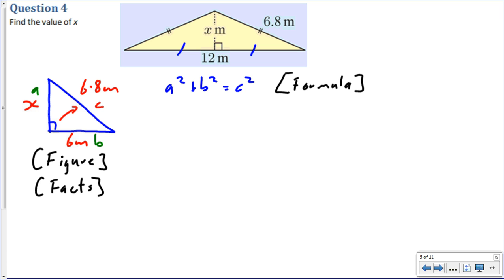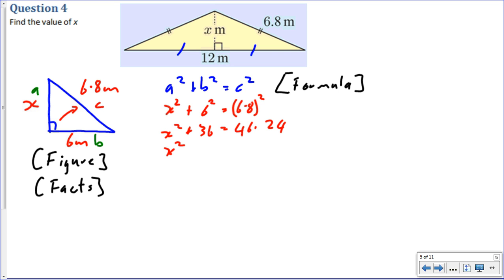So we're going to substitute in now. So a is x squared plus b, which is 6 squared, equals c, which is 6.8 squared. So it's x squared plus 36 equals 46.24.